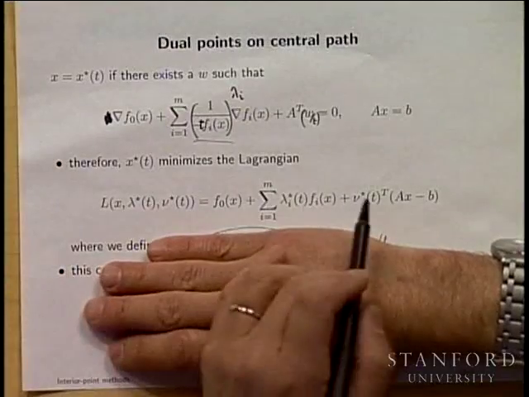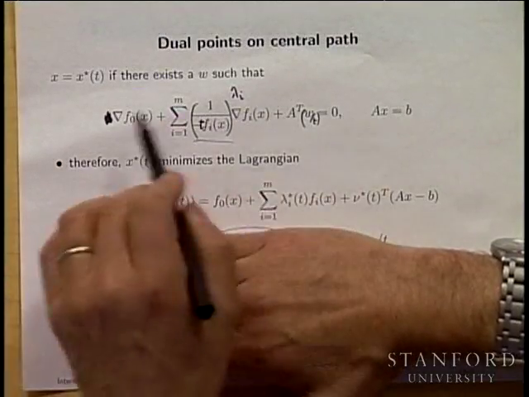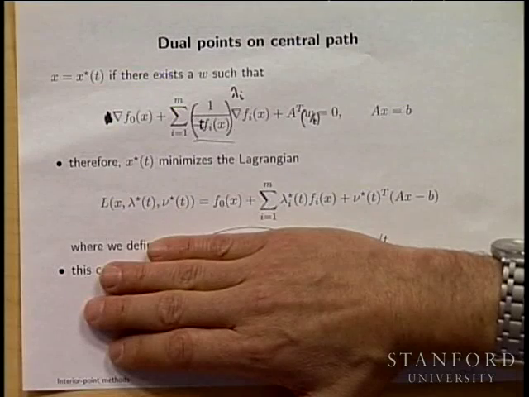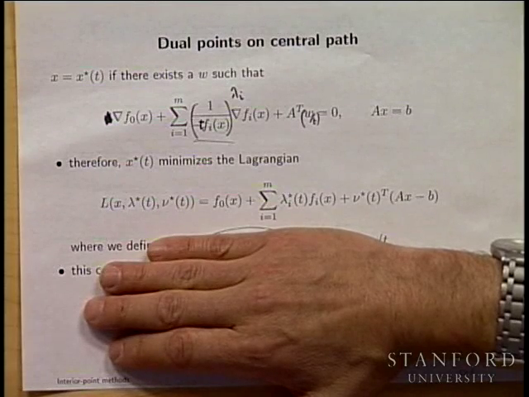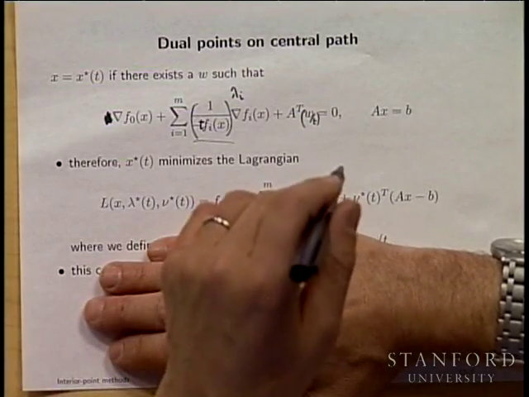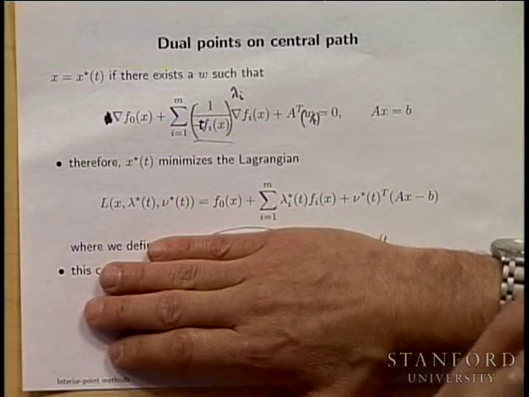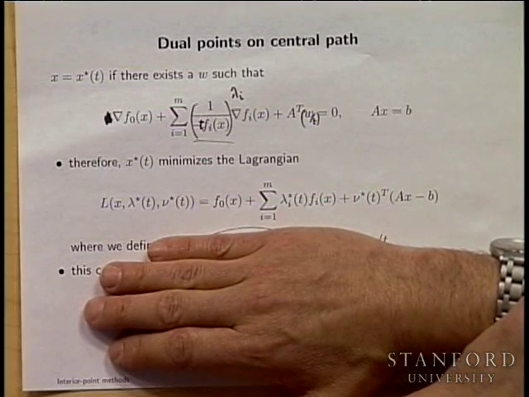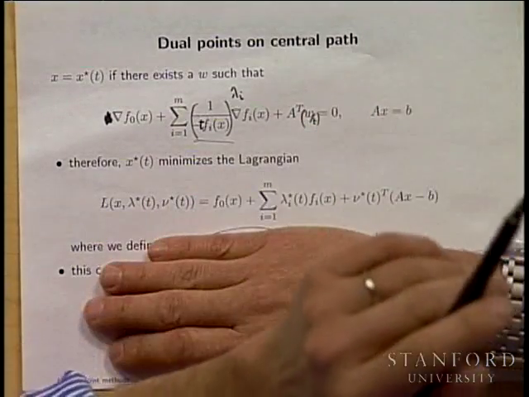I know that because this is the optimality condition for minimizing the Lagrangian for this choice of lambdas. So I do know that it minimizes. If I plug in my x star, it does give the infimum over x of the Lagrangian. I don't know if that made sense. Where did m come from? m is the number of constraints.